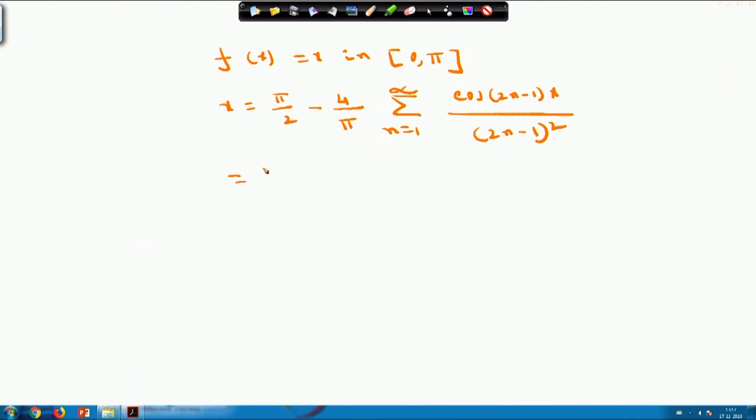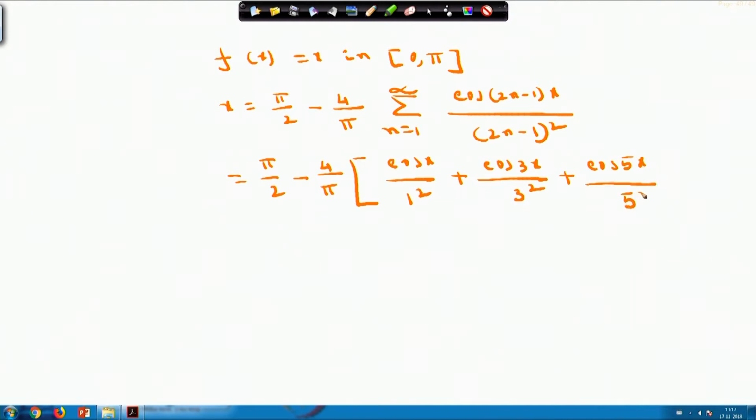Or if I break it into individual terms, I can write 4 by pi into (cos x by 1 square plus cos 3x by 3 square plus cos 5x by 5 square, and it will go on like this). So, this is the Fourier cosine series of x in 0 to pi.